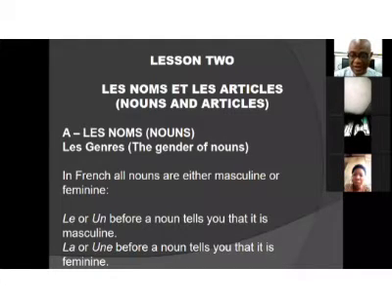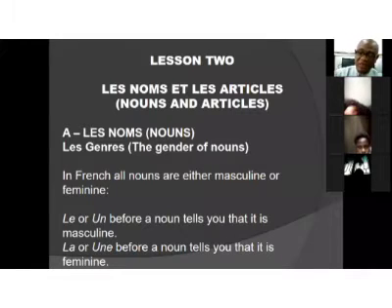Note that un and une are what you call indefinite articles. If you say a boy in English, it can be any boy. So also in French, when you say un garçon, it could be any garçon. But when you say the boy in English, you are referring to a specific boy. And so it is also in French.